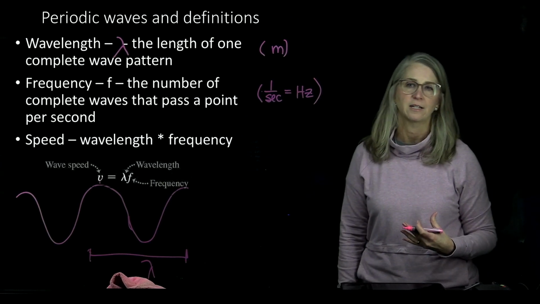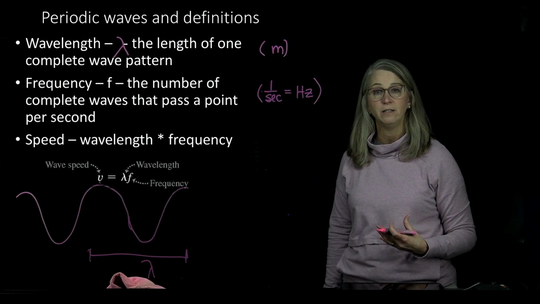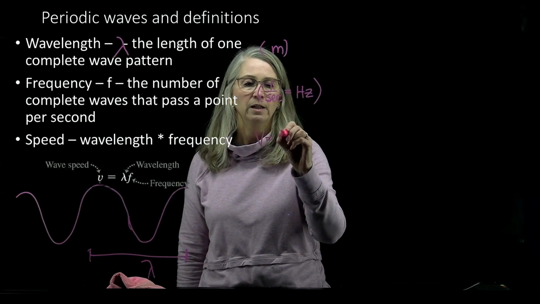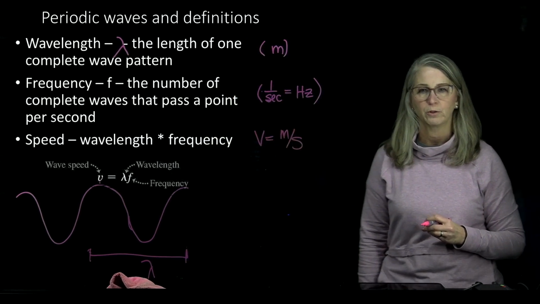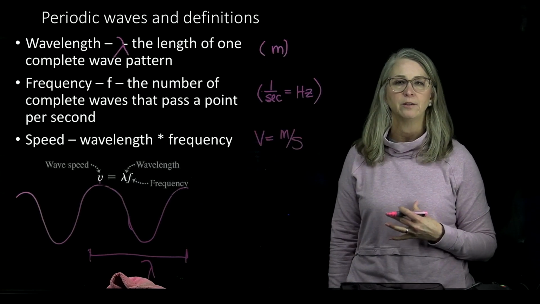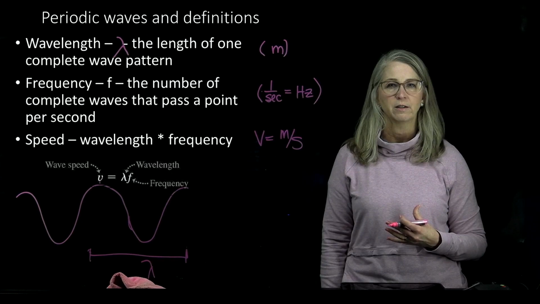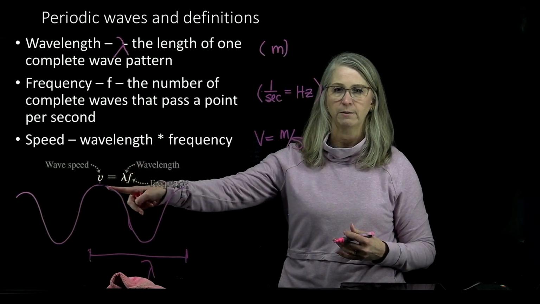And finally, the last thing that we're interested in about the wave is its speed, which is, of course, just the velocity. This might be measured in meters per second if we use our typical units. It turns out that the way we calculate the speed of the wave is we take the wavelength times the frequency, and that gives us our speed. And that's this equation right here.